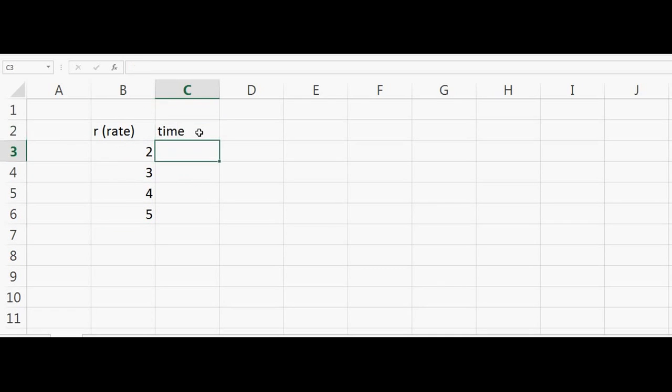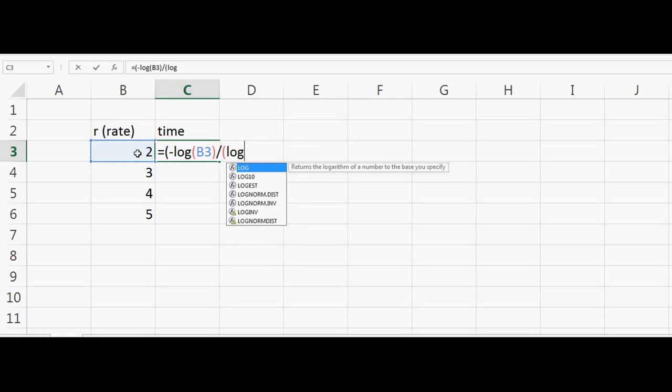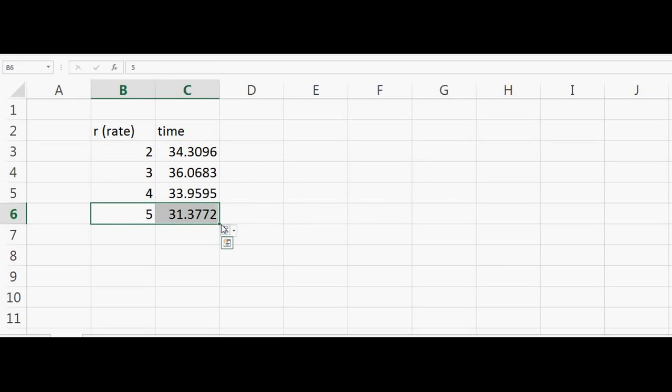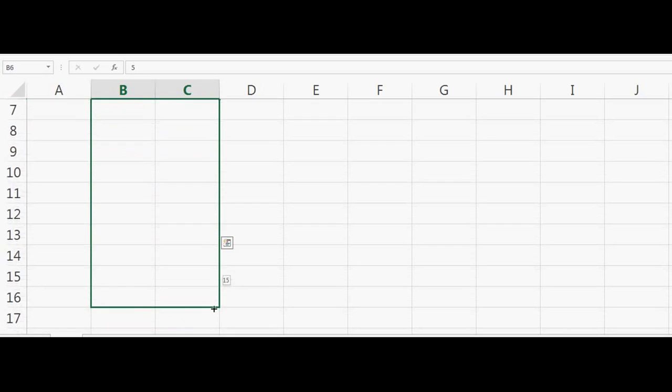So the time for your money to become half will be equal to minus log of 2 divided by log of 1 minus R. So I'm dividing R by 100 because it's in percentage, and that's your time. So we can do the same thing, you can keep copying this formula until 15.